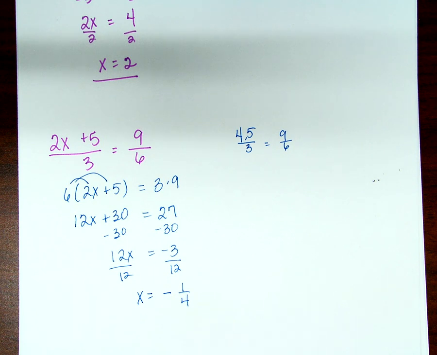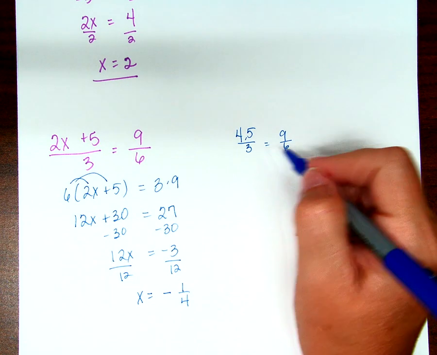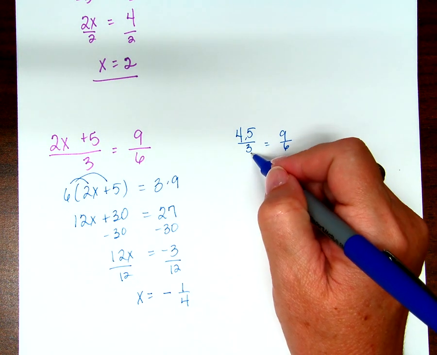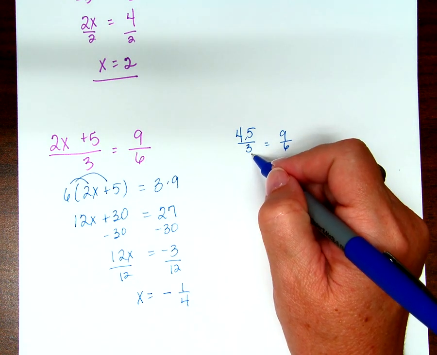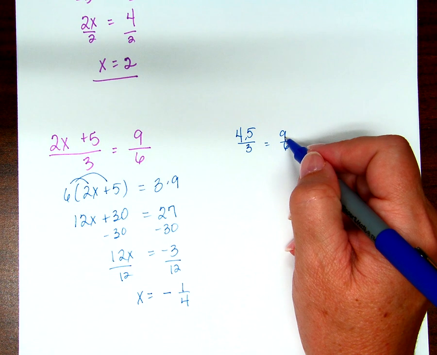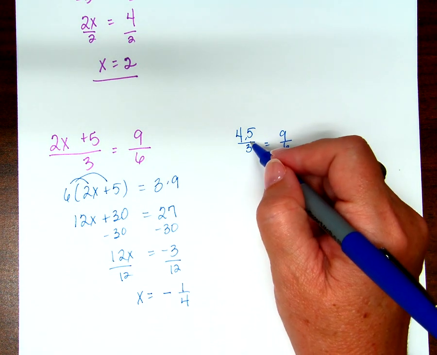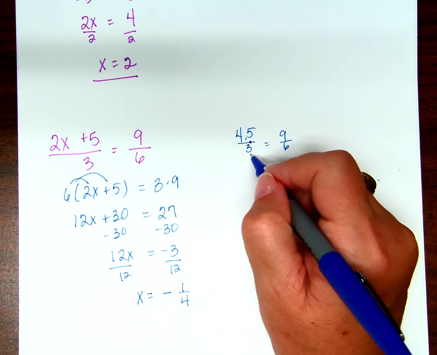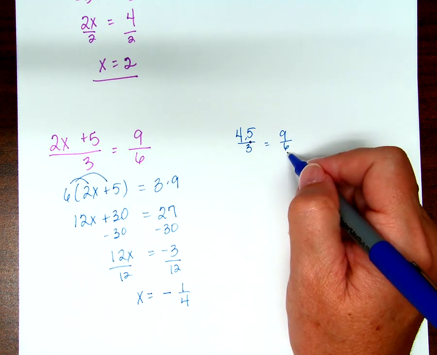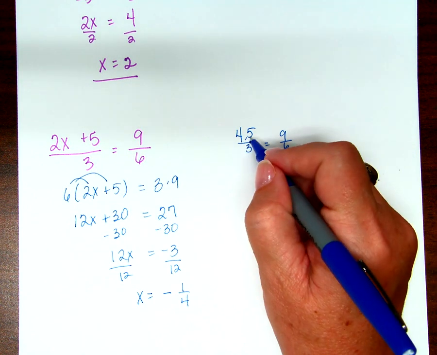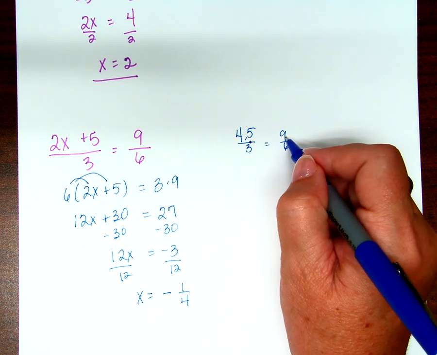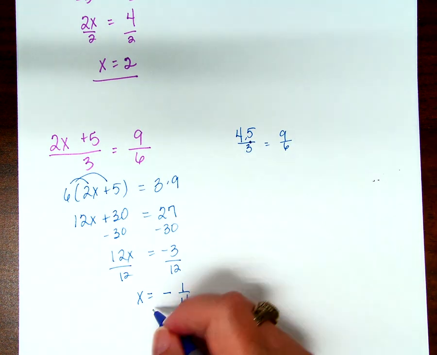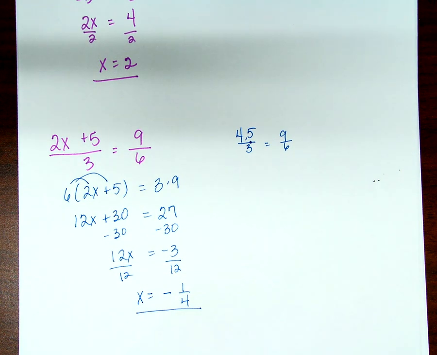You could cross multiply and figure out that way. How do you get from 6 to 3? Divide by 2, right? What if I divide 9 by 2? How do you get from 3 to 6? Multiply by 2. What's 4.5 times 2? So is this an equal fraction? So isn't that the solution? Yeah? Okay.